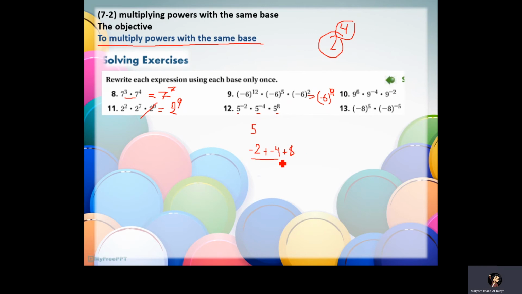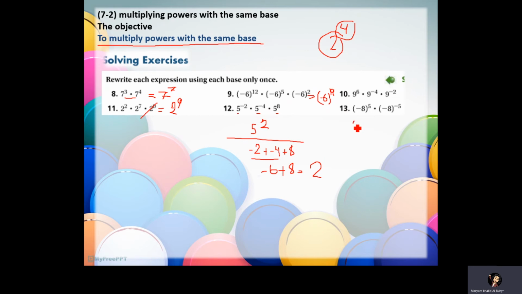So that will be -6 plus 8. Don't forget your sign rule. The sign rule tells you these are different signs, subtract them, then take the sign of the larger. So it's 2. So finally, it's 5 to the power 2.